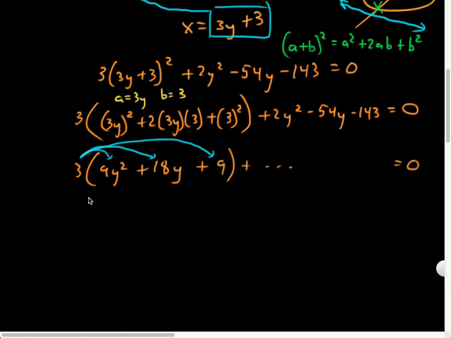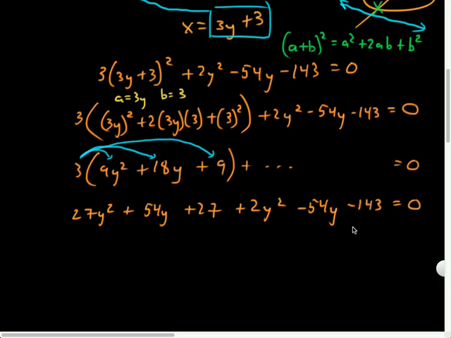So 3 times 9y squared is 27y squared, plus 3 times 18 is 54y, and 3 times 9 is 27. Now I'm going to write out the rest of this: plus 2y squared minus 54y minus 143 equals 0.